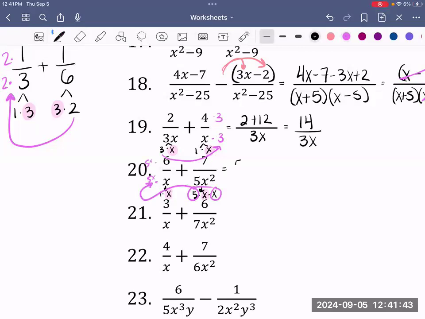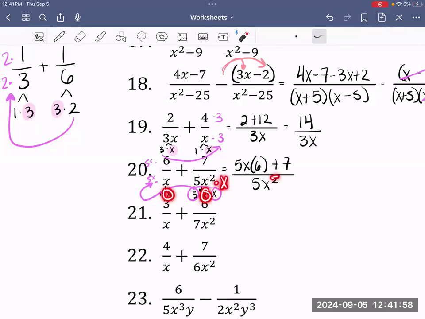So you're left with 5x times 6 plus 7 over your common denominator, 5x squared. Notice that we didn't multiply this side by an x because those match. So your common denominator isn't going to be a triplicate of an x. Okay, we always want to go with the lowest common denominator to make our lives easier.